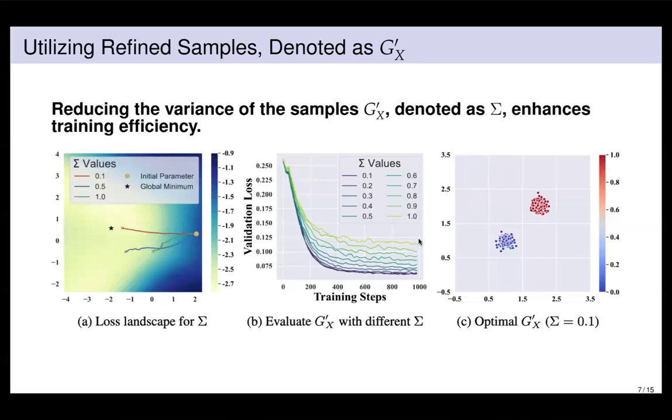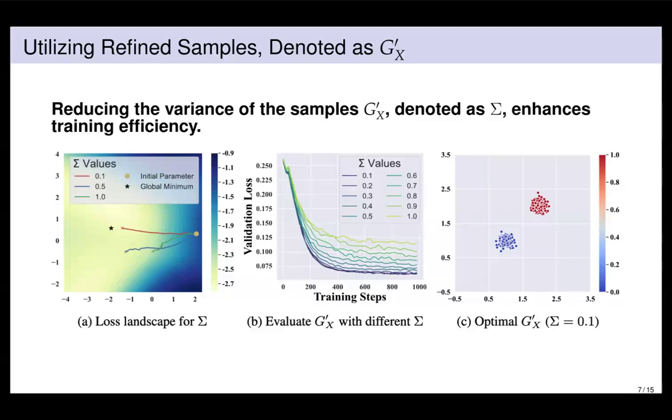And if we use sigma equal to 1.0, the validation loss will decrease very slowly. In figure C, we also visualize the optimal G prime X. Here we use sigma equal to 0.1, and it looks like the variance is small.